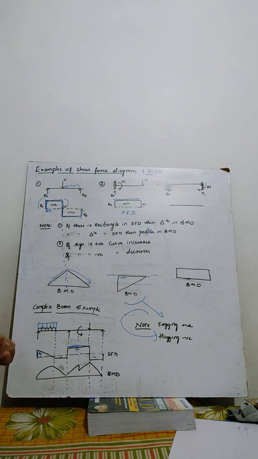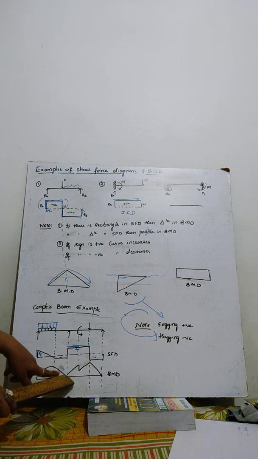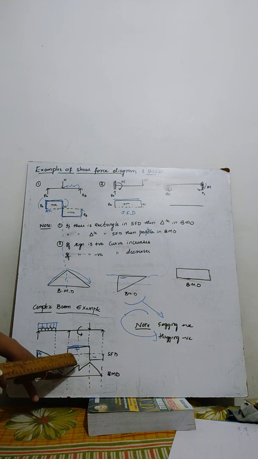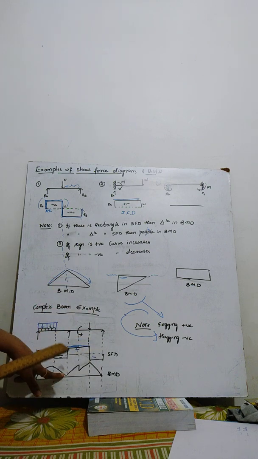By seeing this, you can easily identify this is a triangle. When there is a rectangle, you will draw the triangle. When there is a triangle, you should go for a parabola. One more thing, it is positive, so it is an increasing parabola up to this portion. Then there is a rectangle, but it is negative, so it is a decreasing parabola. Then at this point, up to this moment, because moment will be considered in the case of the bending moment.